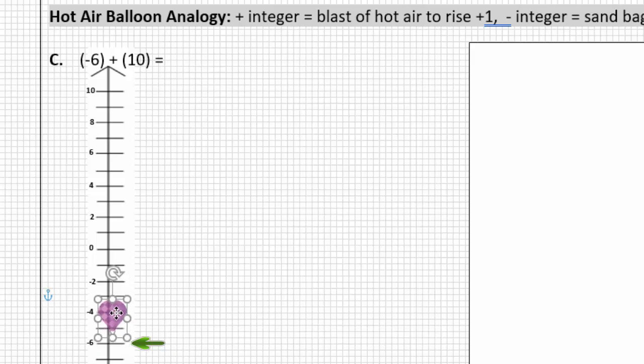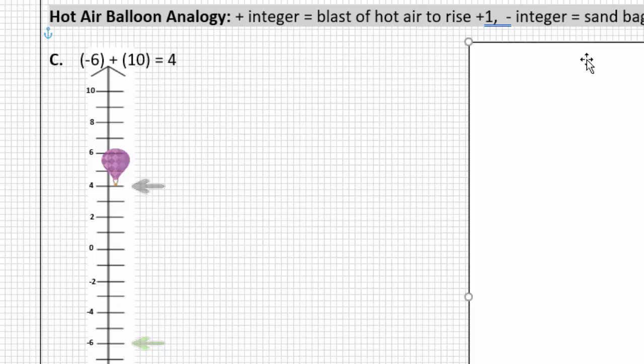From here we go 1, 2, 3, 4, 5, 6, 7, 8, 9, 10, using the basket as my marker spot. We started at -6 and added 10, so we went up and ended at +4. So -6 plus 10 equals 4.